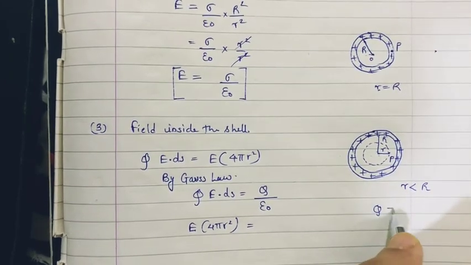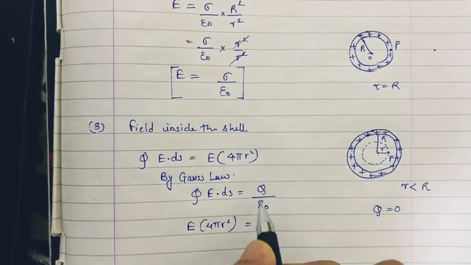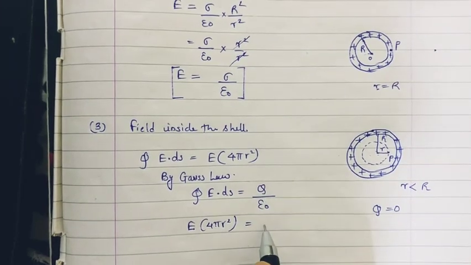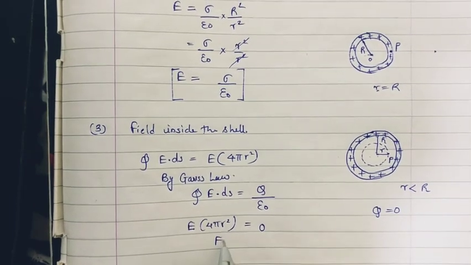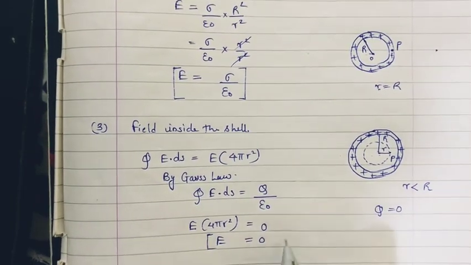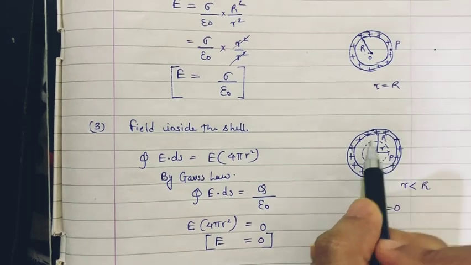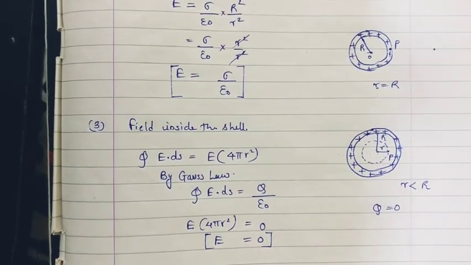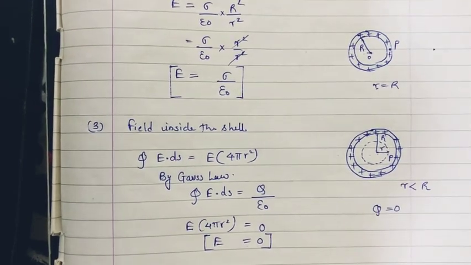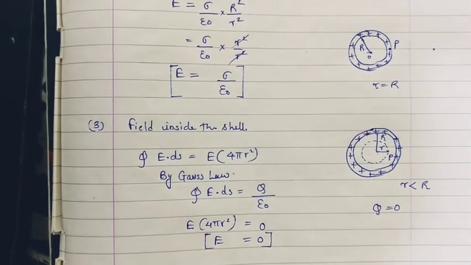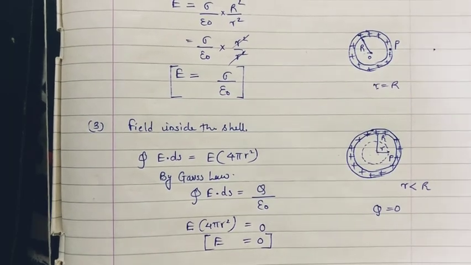That is, Q is equal to 0 in this case. So this entire term will go to 0 once you substitute Q equal to 0, and therefore E will be equal to 0 for the point inside the shell. That is, the electric field for any point considered inside the spherical shell will be 0. So this is the conclusion.